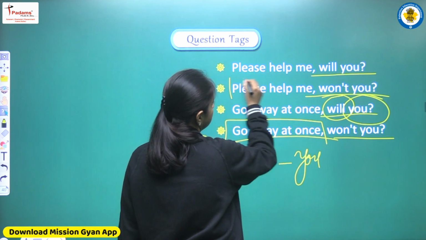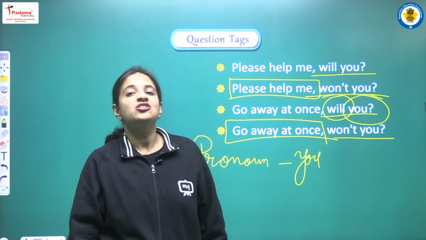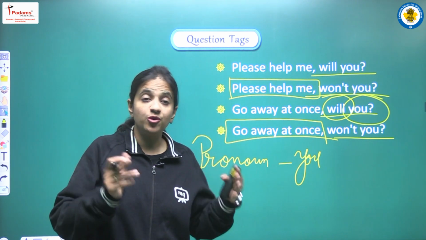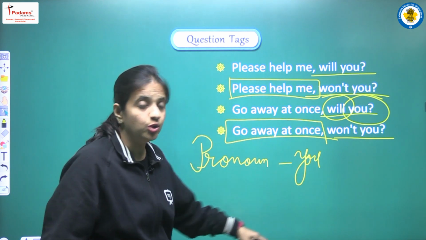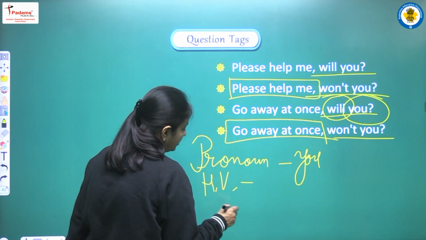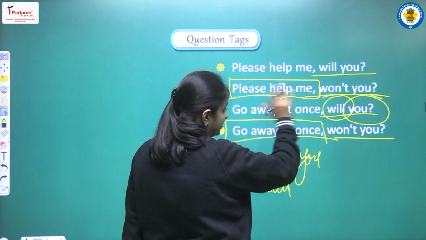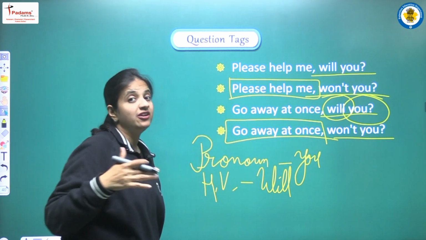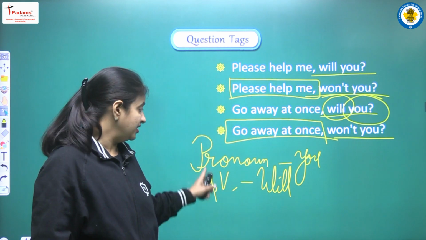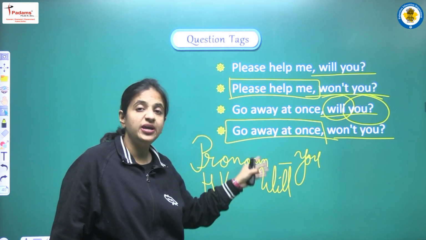You can observe all these sentences, there is no noun, there is no pronoun in the sentence. So in the question tag, as a pronoun we have to use you, and as the helping verb, or we can say the auxiliary verb, we have to use will, because in the sentence obviously we won't have any auxiliary verb also. So in the imperative sentence our pronoun will be you, our auxiliary verb will be will.